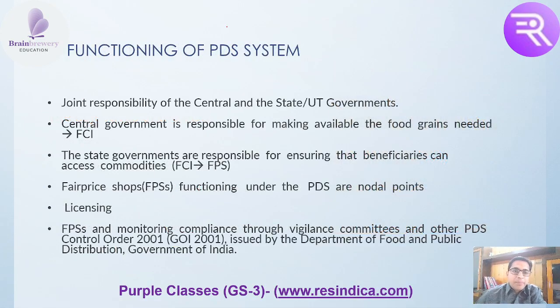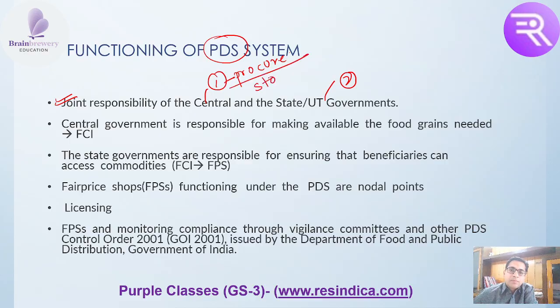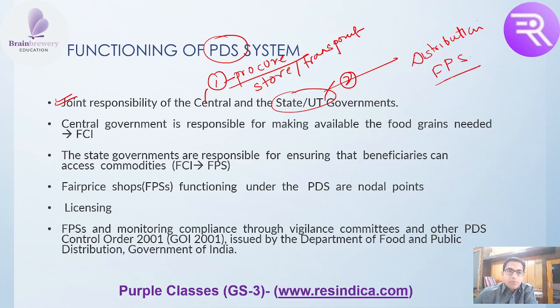So the functioning of the PDS, the public distribution system, is that it is a joint responsibility of the central government and the state government. We have already discussed that the central government procures, stores and transports. The state government has been given the role of distribution through fair price shops.